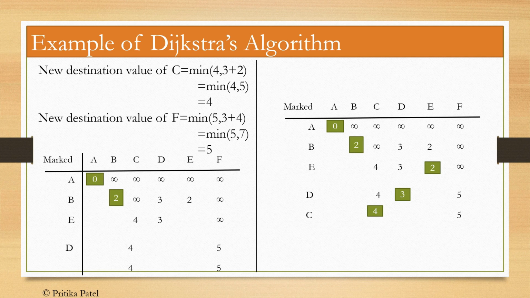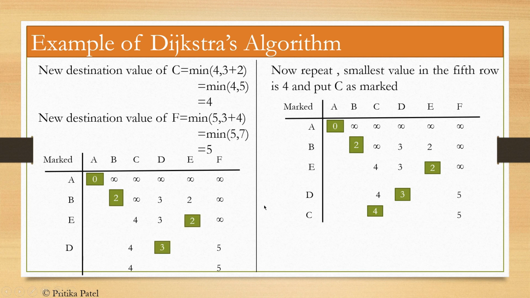So the value of C is updated to 4 and the value of F is updated to 5. Now repeat: the smallest value in the fifth row is 4, so put 4 as a mark.